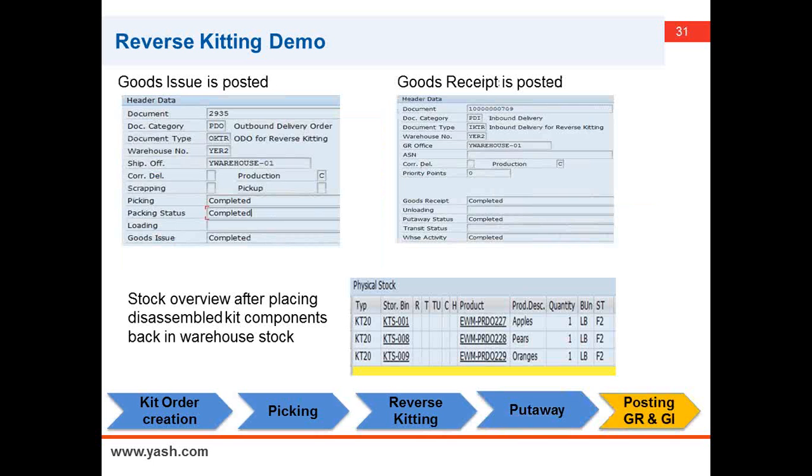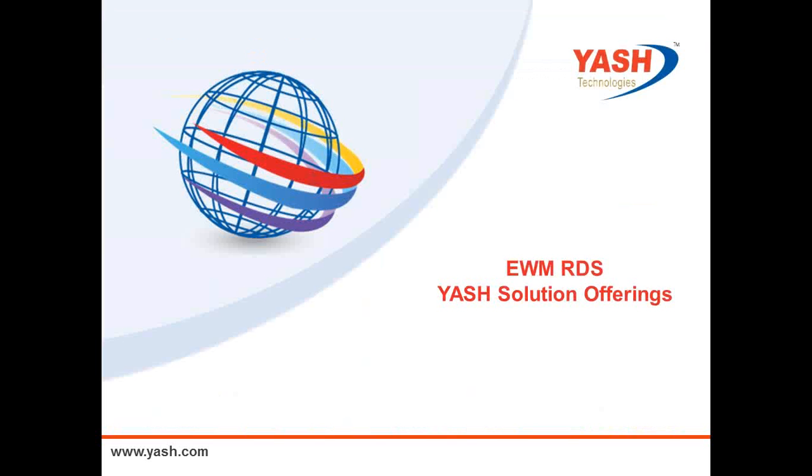What I'd like to do now is switch gears and talk about how to get this implemented as quickly as possible in your company. Yash has introduced, and we make available, this rapid deployment solution for extended warehouse management. Very comprehensive, as you can see, it covers the inbound processing, outbound processing, all of the internal operations, reporting, and includes RF support as well.